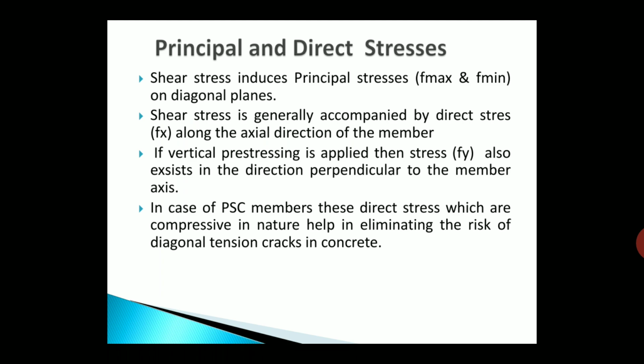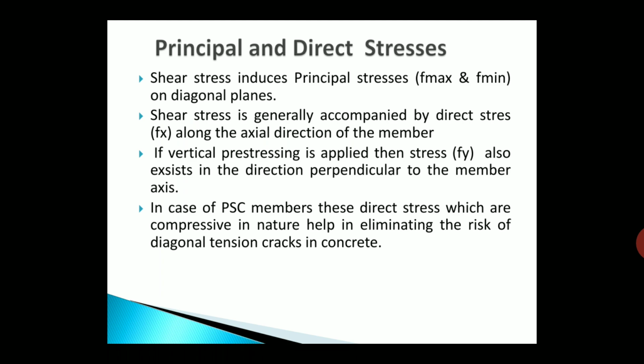So these two stresses also come into the picture when we analyze the effect of shear in the case of pre-stressed concrete. Now, as Fx and Fy, which are the direct stresses, are compressive in nature, they help in eliminating the risk of diagonal tension cracks in concrete.